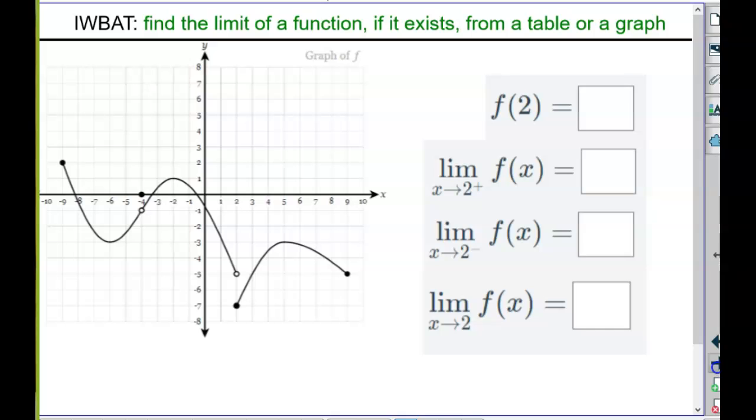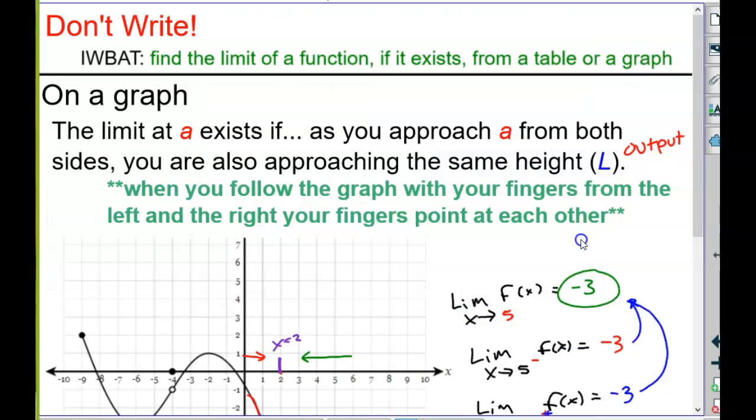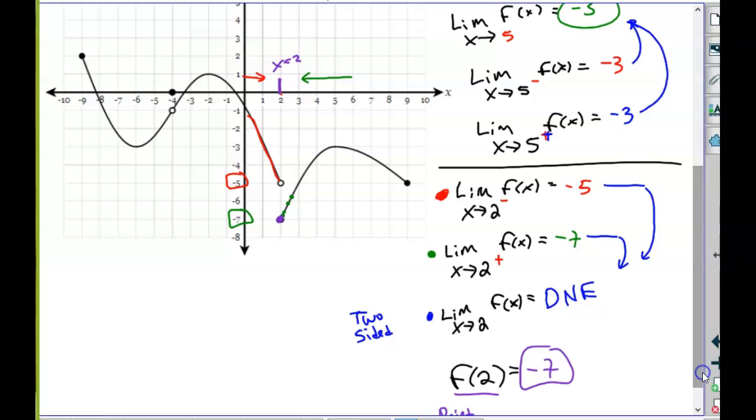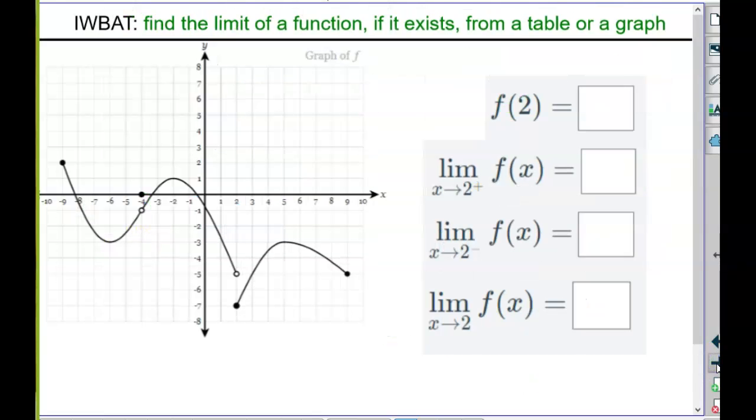Shoot. Let's scratch that. We already did that one. I was trying to be smart making it up, and then I forgot that we already did that one. So we'll skip that.